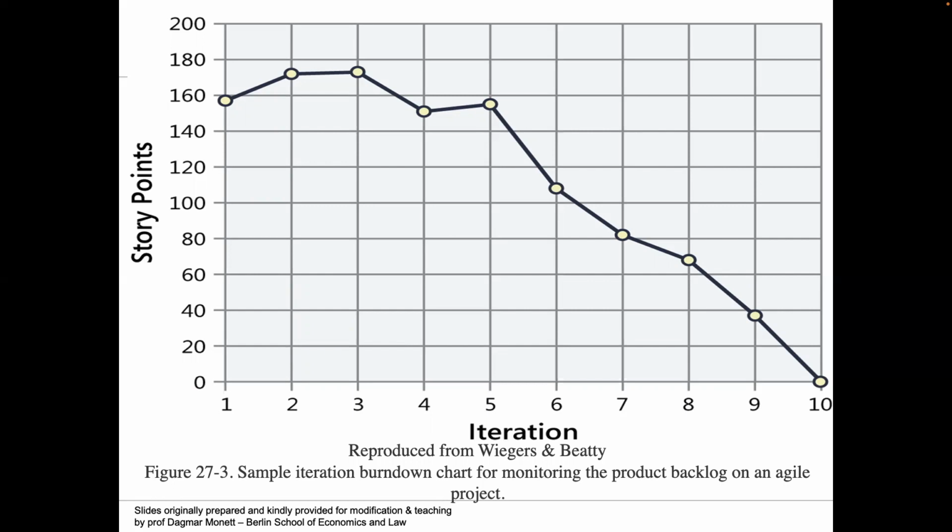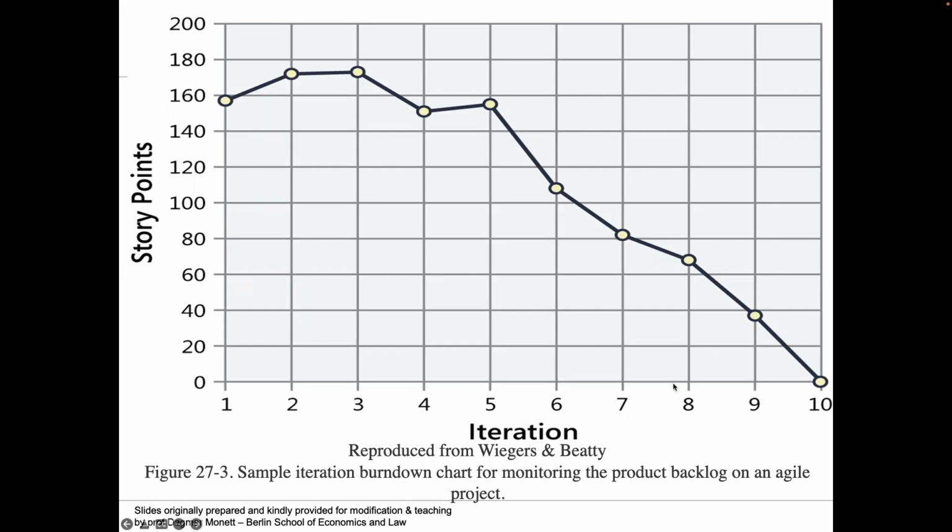This is a burn down chart, just a sample iteration; each iteration can come up with a burn down chart. A burn down chart is a graphical representation of the work remaining for a project and the time remaining to complete it.